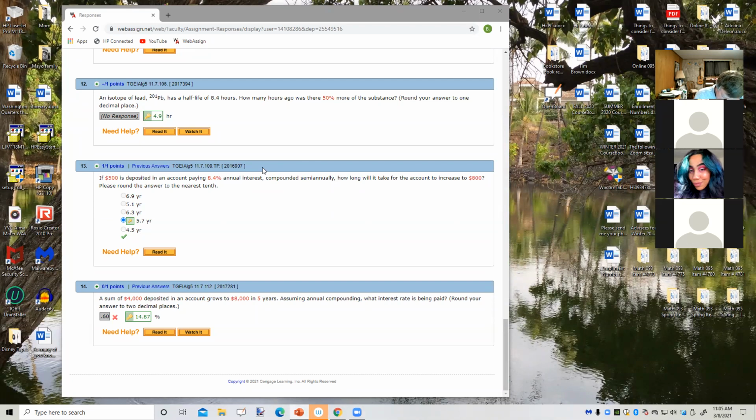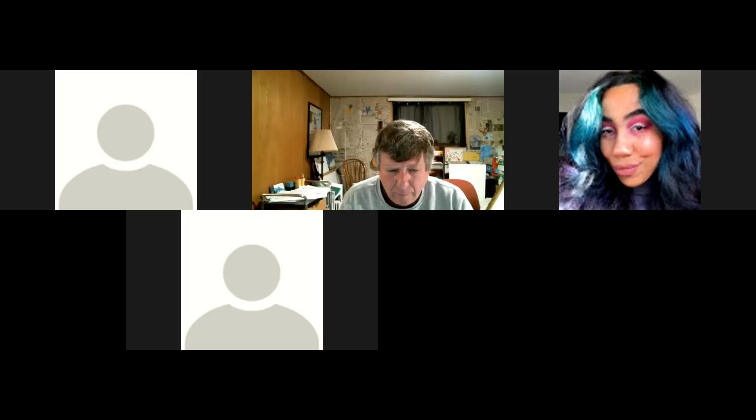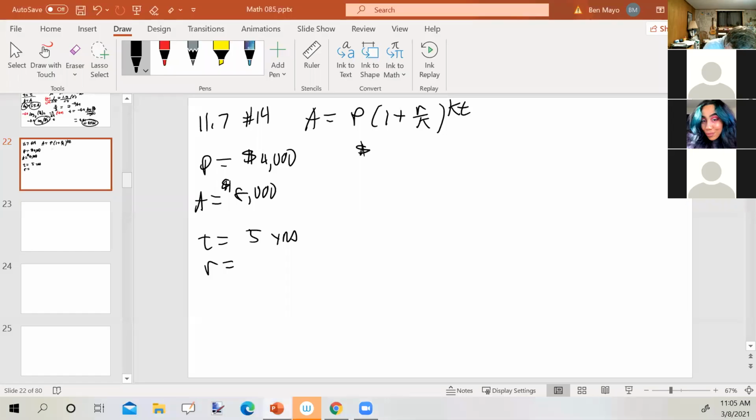T is 5 years, and we're supposed to find R. So $8,000 equals $4,000 times (1 plus R over 1), and I should have put down here that K equals 1, sorry. And then this is raised to the 1 times 5 power.